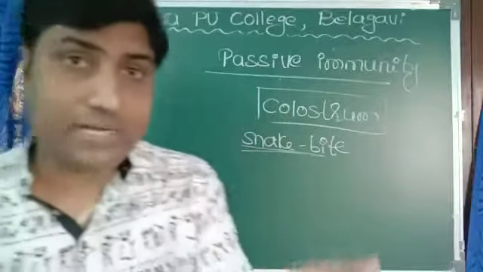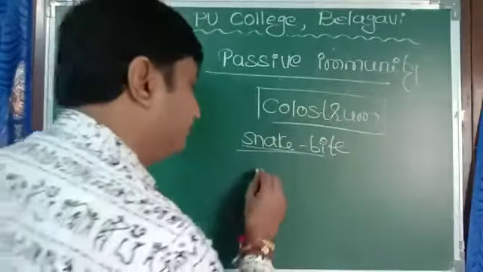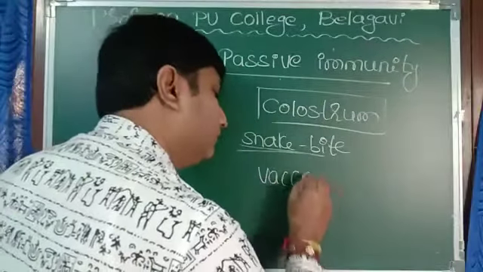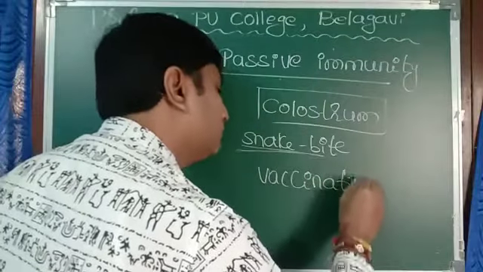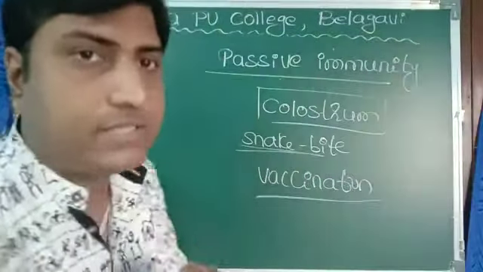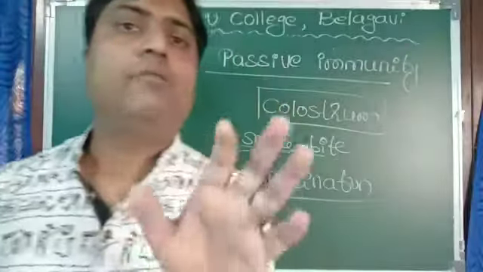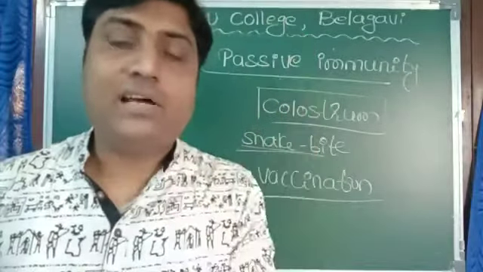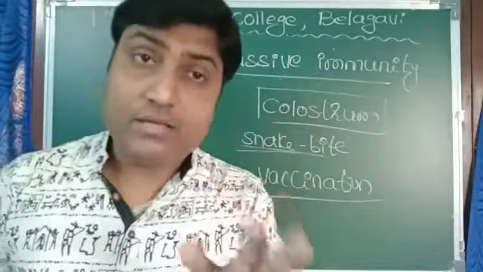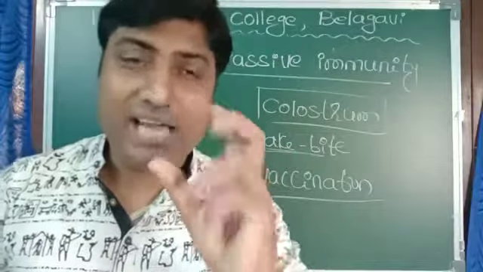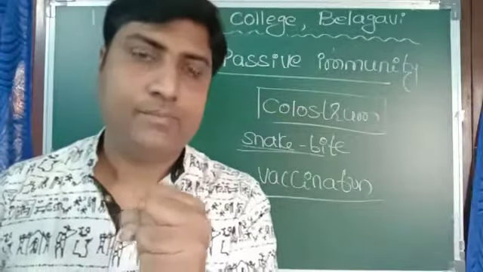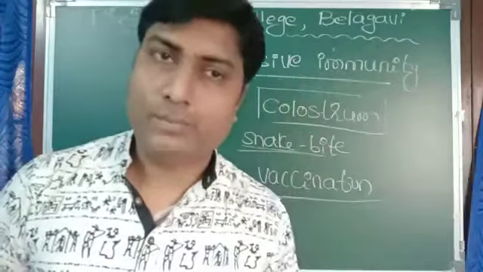Even we use one technique called vaccination. Now, what is the concept of vaccination? Actually, there is a vaccination available for polio. So, what exactly is done here? The polio virus, the virus which causes polio, is inactivated or deactivated, and it is introduced into the body of the baby.